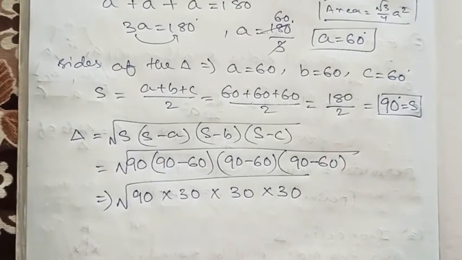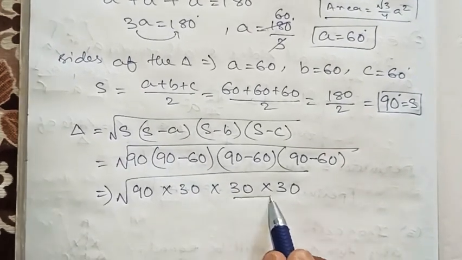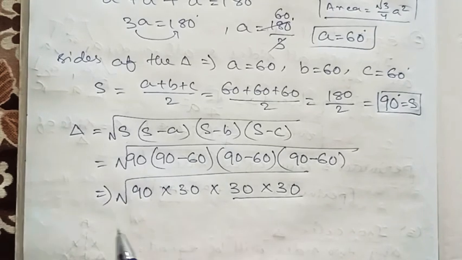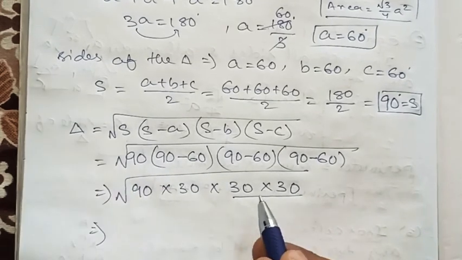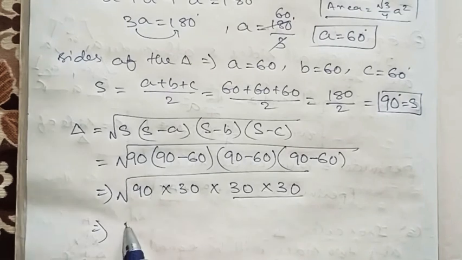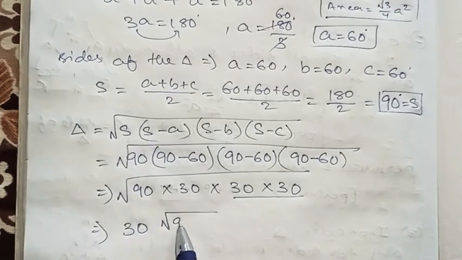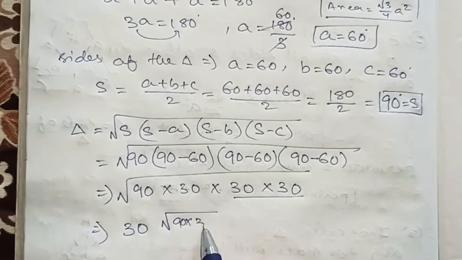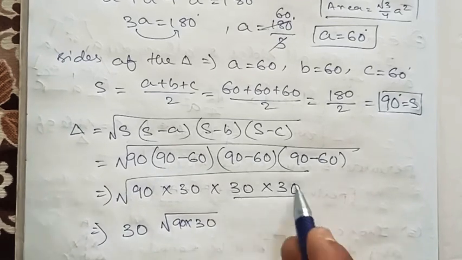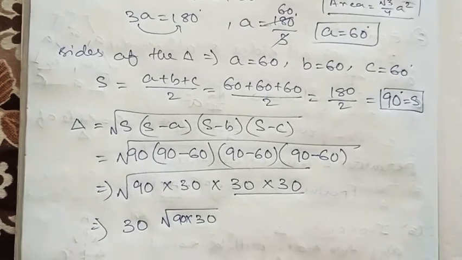As I already told you, wherever you see a pair of numbers, take out one outside the square root. So out of these two 30s, one 30 I will take outside. So how much is left inside the bracket? 90 into 30. Between these two, one I have taken outside the square root.